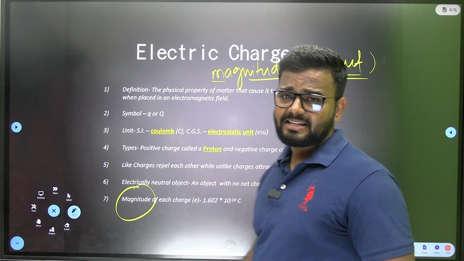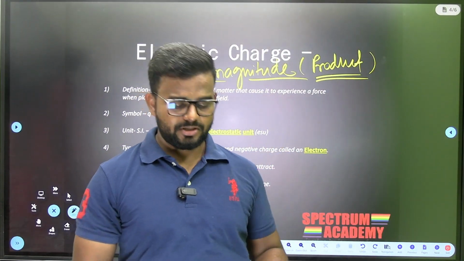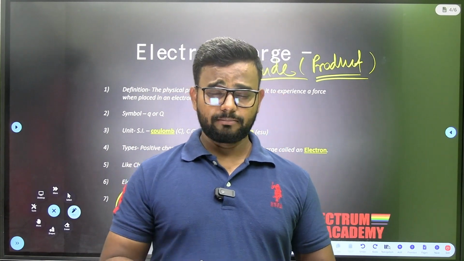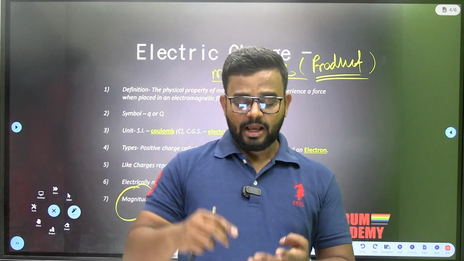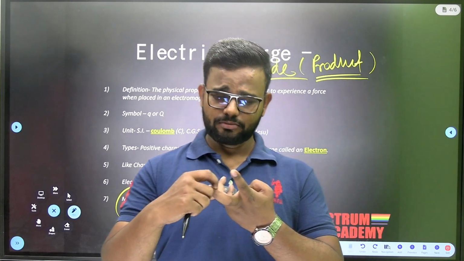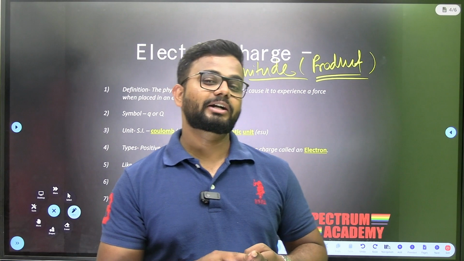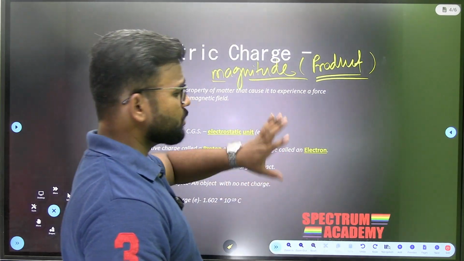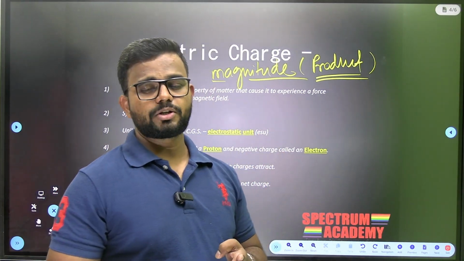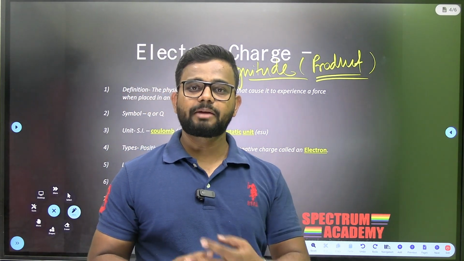Product means, see, in mathematics we have 4 basic operations: addition, subtraction, multiplication and division. The third operation, multiplication, we call it a product, and the last one, division, we call it a quotient. So here I'm talking about the third operation, that is multiplication. Multiplication also goes by the name product.